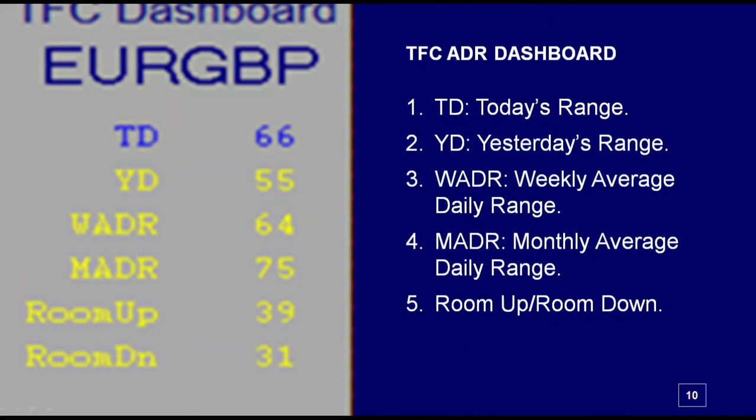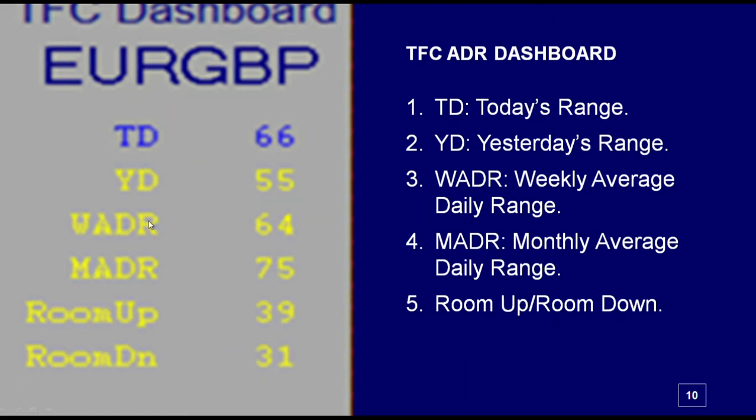This is euro pound recently. Today's range so far, TD is today's range. Today's range so far is 66. Yesterday, YD is yesterday's range. Yesterday it did 55 pips.